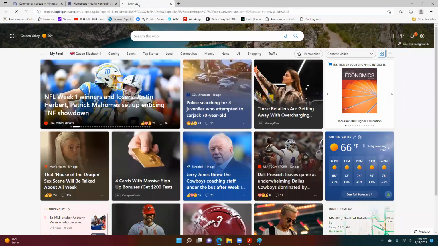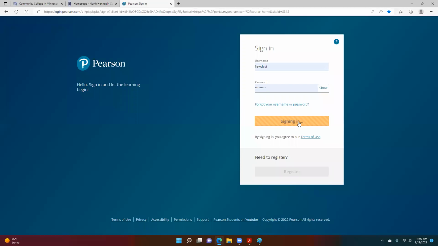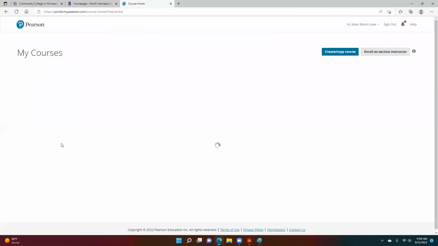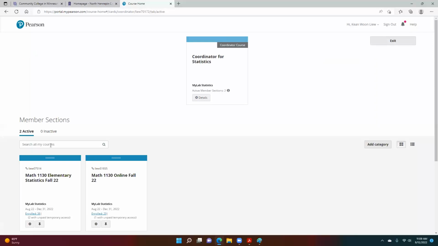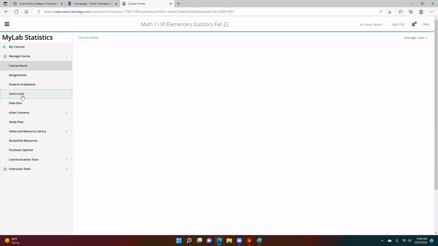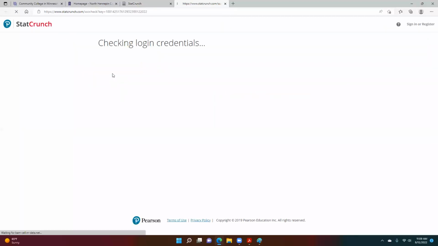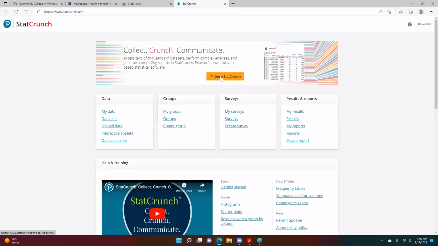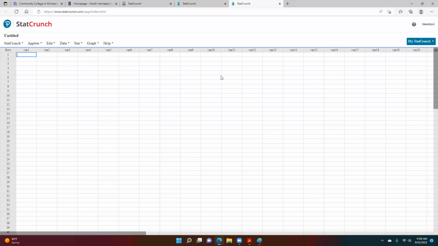Is anyone having this issue? Because I know some students told me about this. Cannot go into StatCrunch. Usually, if something happens like that, maybe you log out and then log back in.